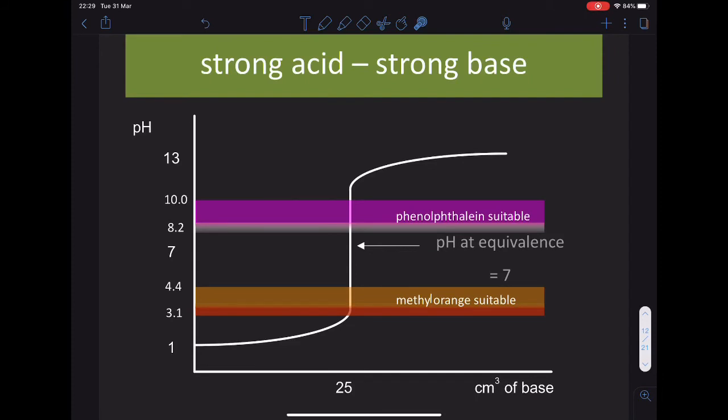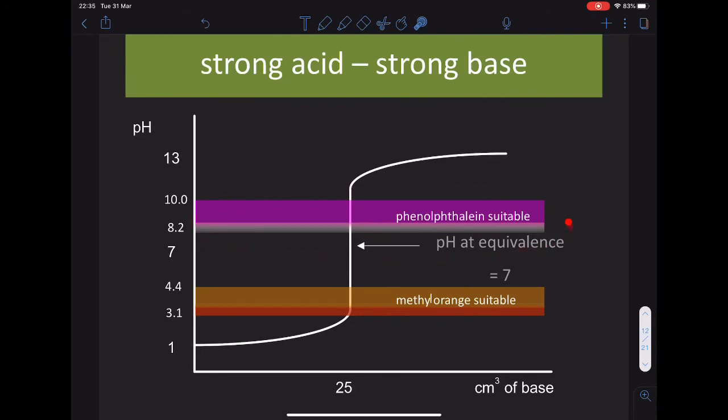So that's when you will see the indicator change colour, and it matches the vertical section of the pH curve. So using methyl orange will give us the correct volume for this titration because it's the same as that at the equivalence point.